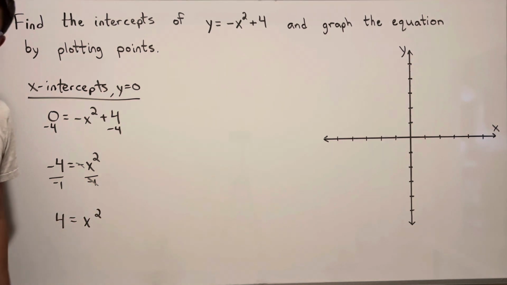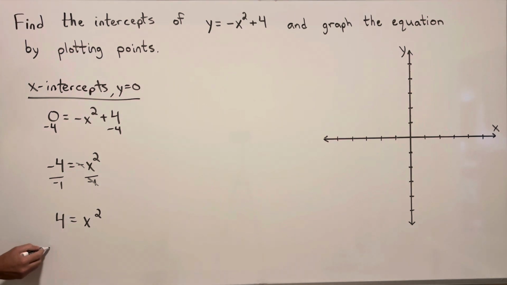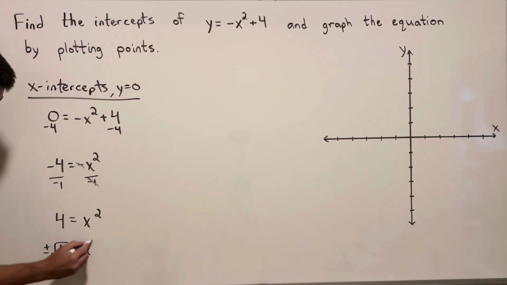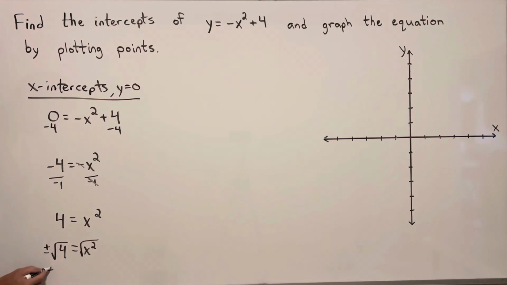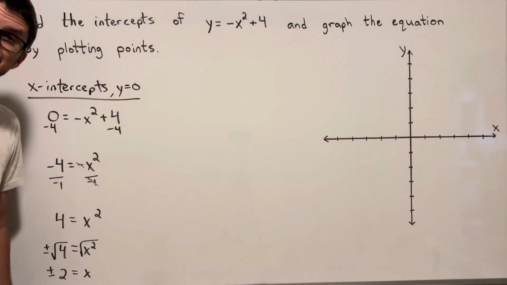And then you can square root both sides. When you square root both sides, you add a plus or minus sign. And then you get plus or minus 2 for x. Square root of x squared is just x.